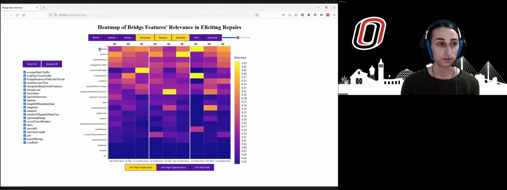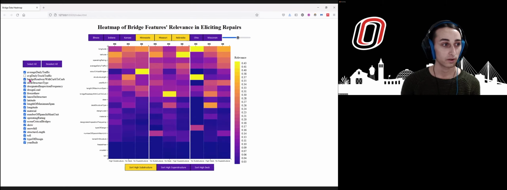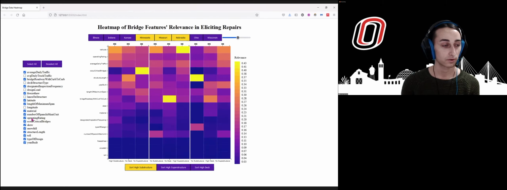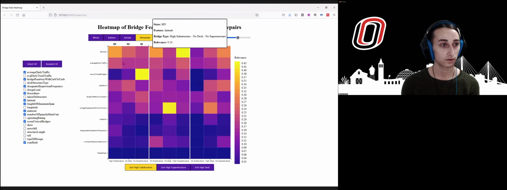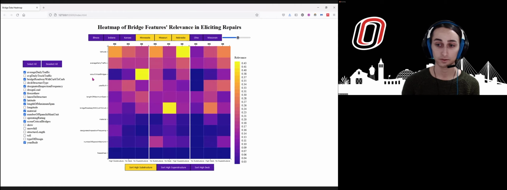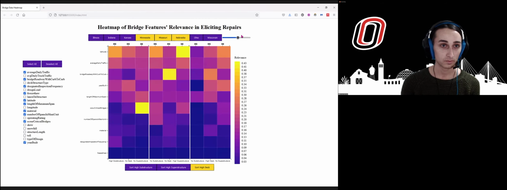Sorting by the average of a given feature. We also have the ability to remove certain features if you only want to focus on a certain subset of features, and the ability to adjust the scale that we see here.